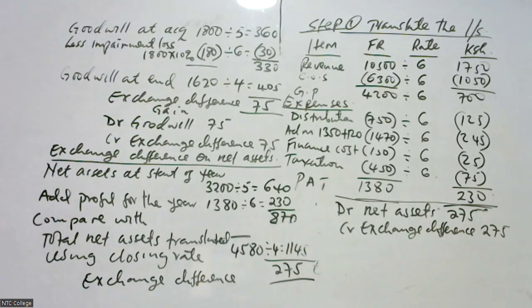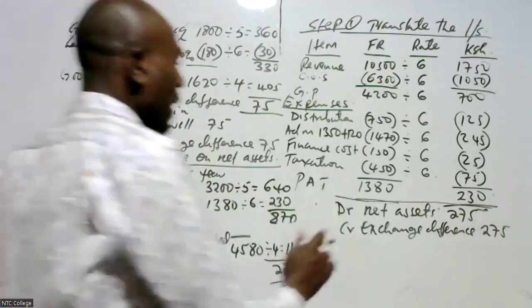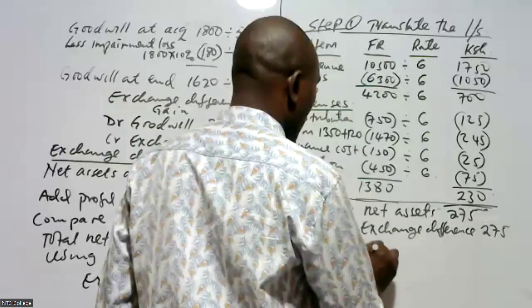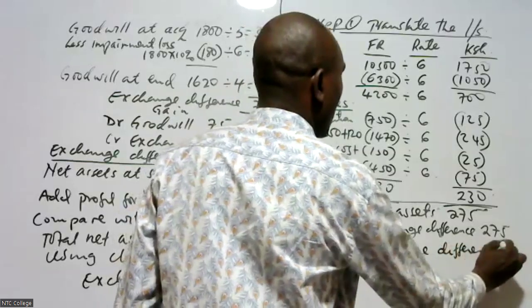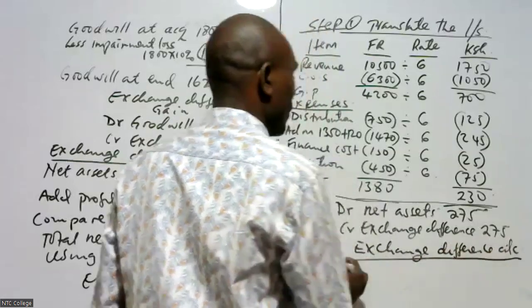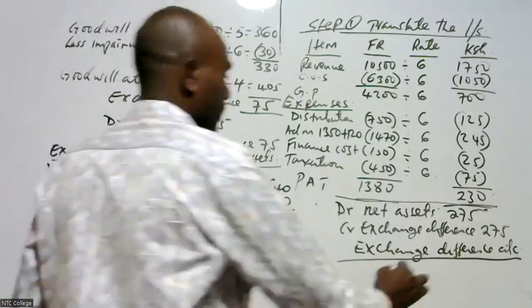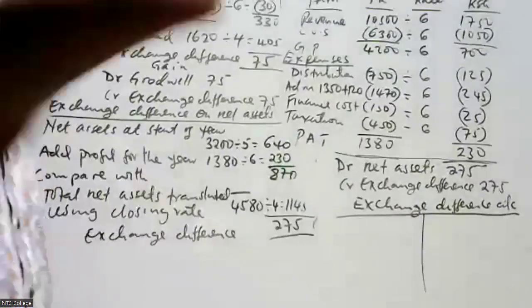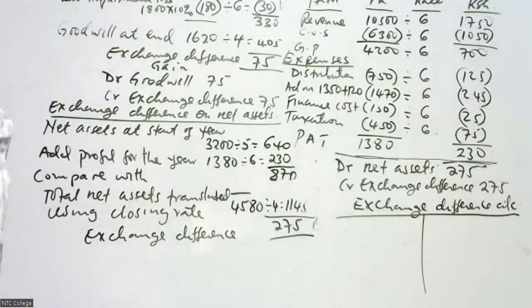You credit exchange difference with 275. Then we prepare what we call the exchange difference account.